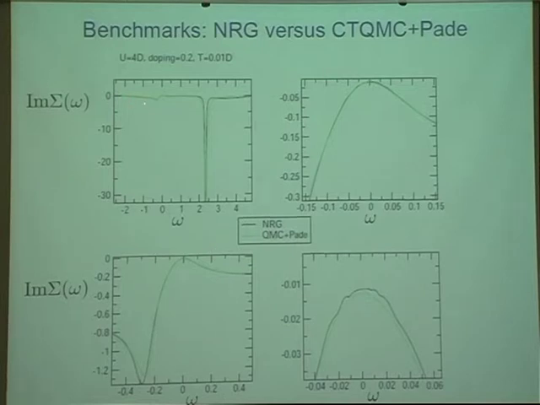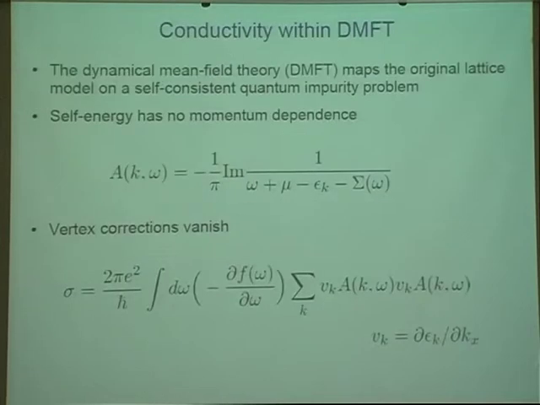It's always the same curve, except we're zooming in at lower and lower energies. The two curves are what we obtain by NRG, and in green using Monte Carlo plus Padé approximant. You see that these curves match quite nicely all the way down to really low frequencies. This requires a lot of numerical effort, but having two methods is also a way to benchmark that we're not doing anything too crazy.